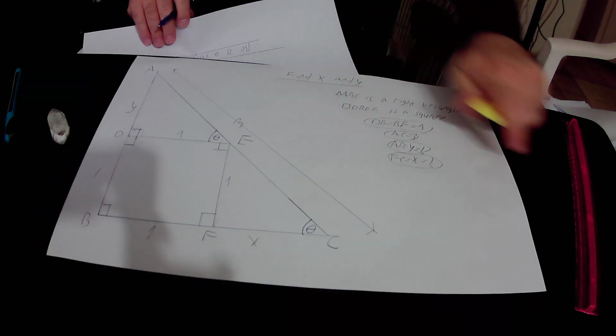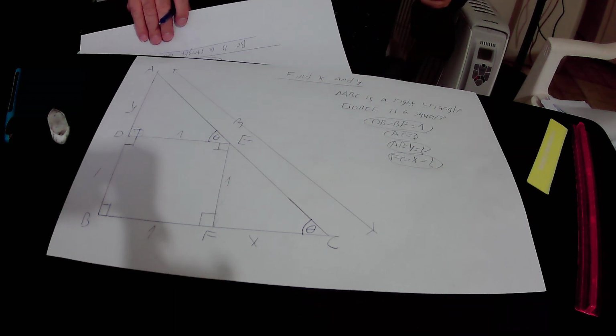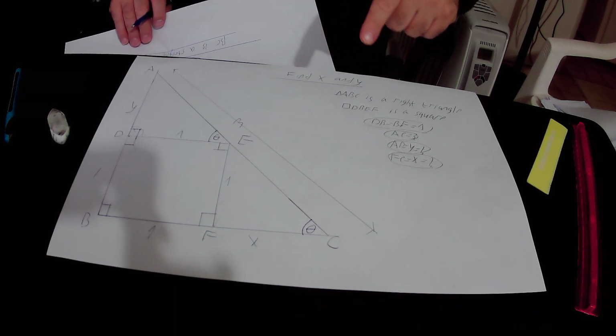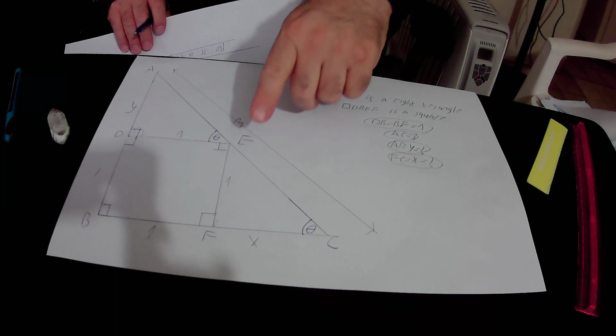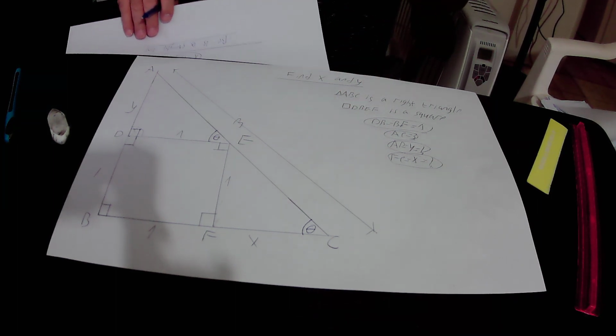So if we focus on the upper side of the straight line BC at point F, then the sum of the angles on the upper side of the straight line BC at point F must be equal to 180 degrees according to rule number 2.